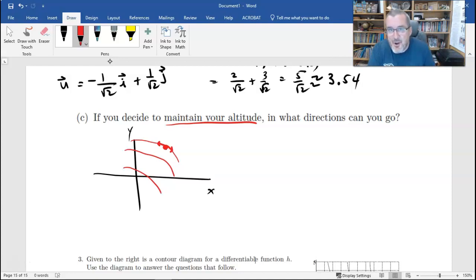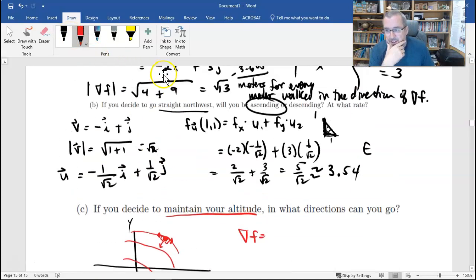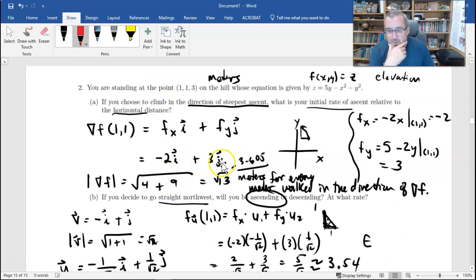Now, what's the relationship between that way or that way and the gradient vector? Remember, the gradient vector is perpendicular to the level. So right angle, right angle. So what we would want to do is go in such a direction that we're perpendicular to the gradient vector. That gradient vector, recall, was negative 2i plus 3j.